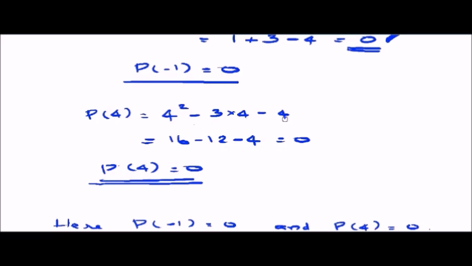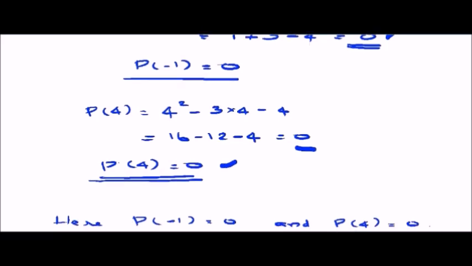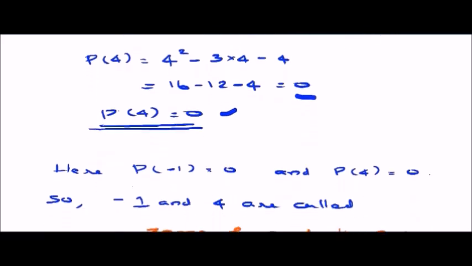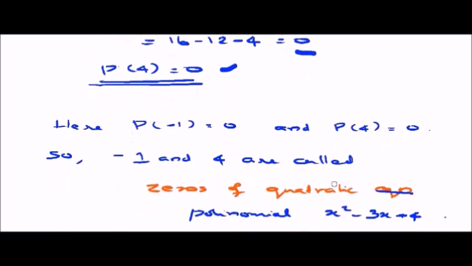Then p of 4, substituting by the same method, is 4 square minus 3 into 4 minus 4, which is also 0. So here we get p of minus 1 equal to 0 and p of 4 equal to 0.